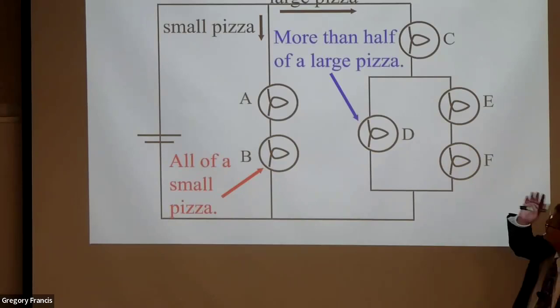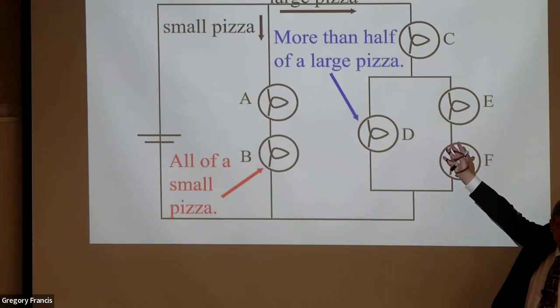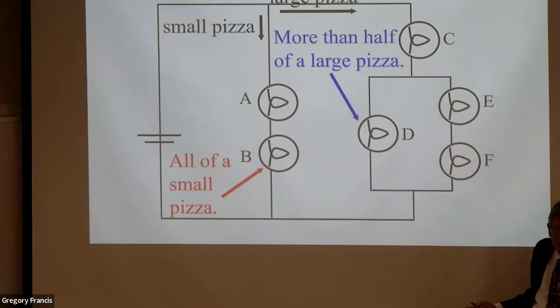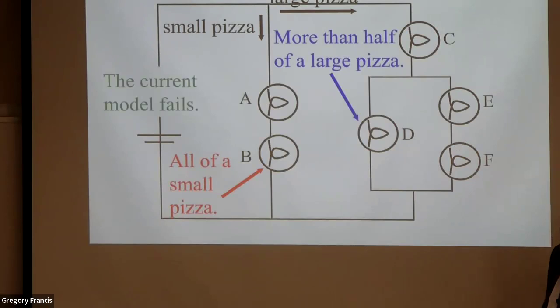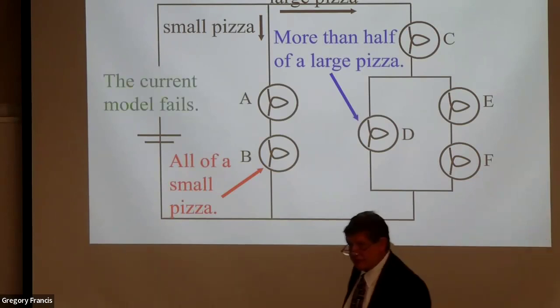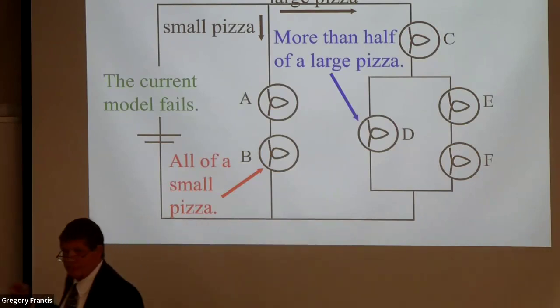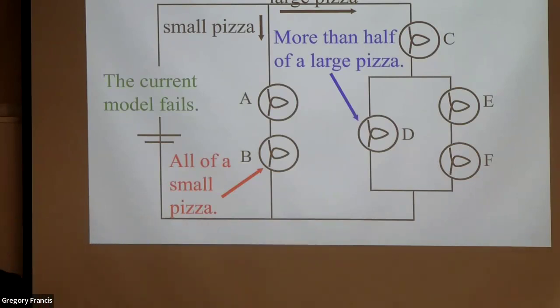Without knowing how much more current is going through the easy path than through the hard path, I can't make a determination there. I have no numbers. It's a qualitative model. And so my current model fails. Now, by the end of today's lecture, we're going to know what happens in that ranking. We're going to be able to rank those two bulbs very easily.